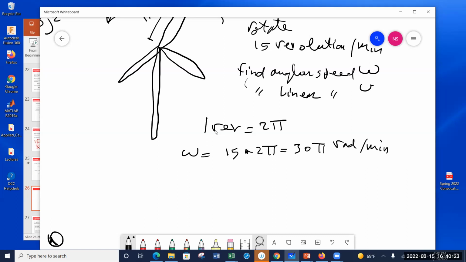This is basically the angular velocity, radians per minute. That one was revolutions. How much is V? V equals omega R, and that equals 30 pi multiplied by 116 feet. If you multiply these, then we get the answer in feet per minute.